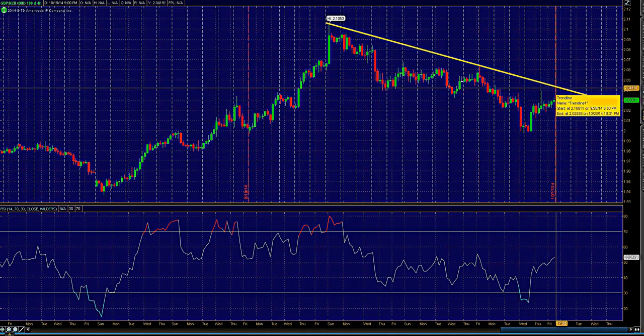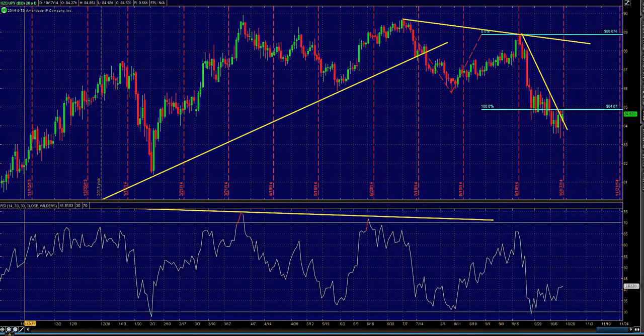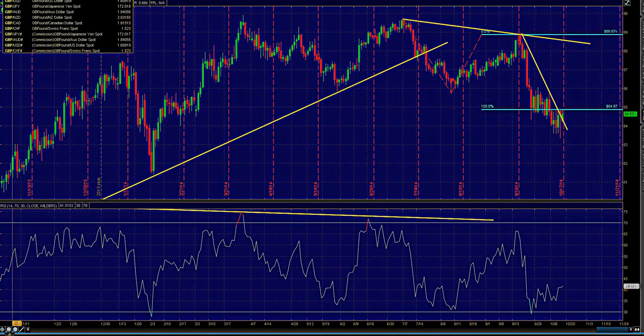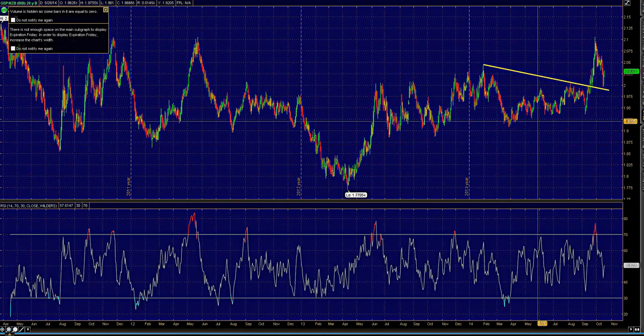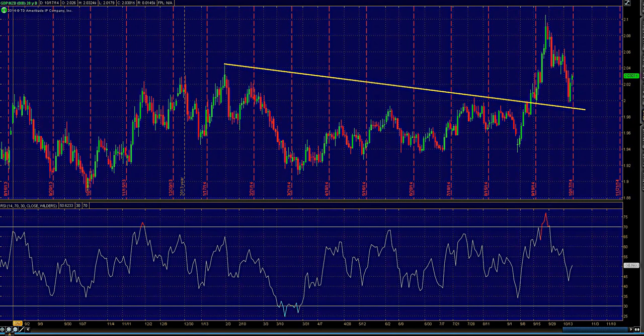Pound Kiwi 204.20. I'd rather see that for a short, so a tad bit higher, and then I'll look for that to get into a short position on that pair. So a lot of motion on the Kiwi crosses, but at the same time, still looking at Aussie dollar to see how that develops earlier in the week.